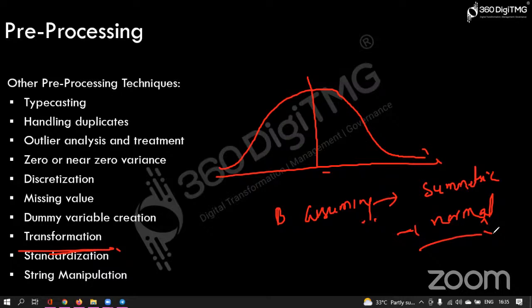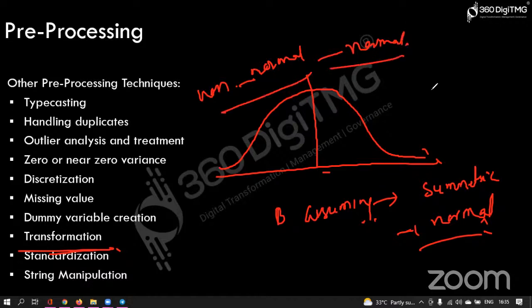But in real time, you won't get cases that are normal. It is very rare. In that case, what do you have to do? You have to convert that non-normal data to normal data. Converting non-normal data to normal data, we call it transformation.